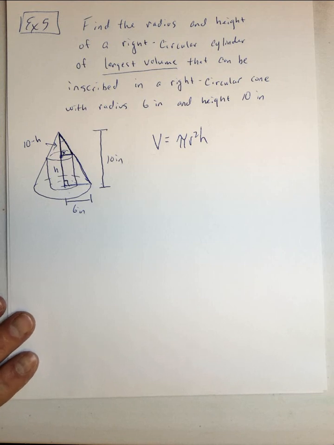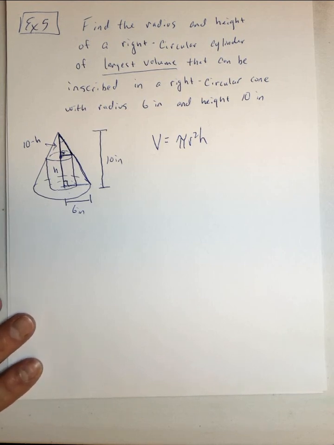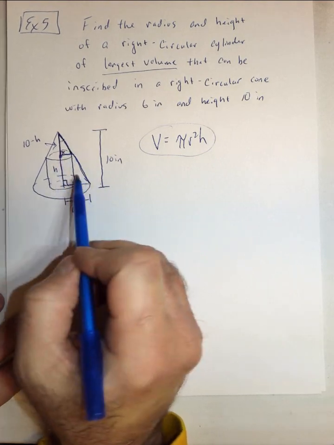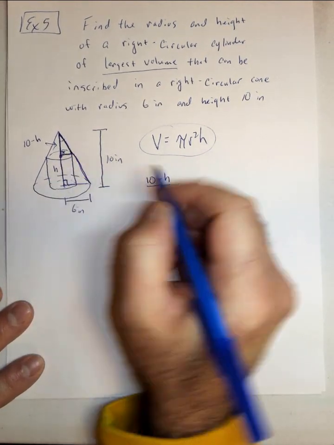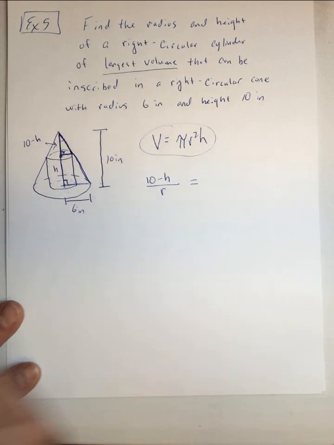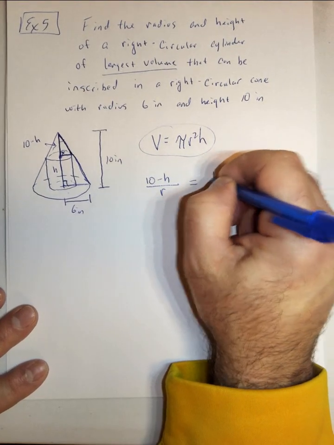So whenever you can have similar triangles, you're going to get simple ratios that allow you to handle things. So again, this is what we're trying to maximize. Because these two triangles are similar, I know that 10 minus h is to r as 10 is to 6.